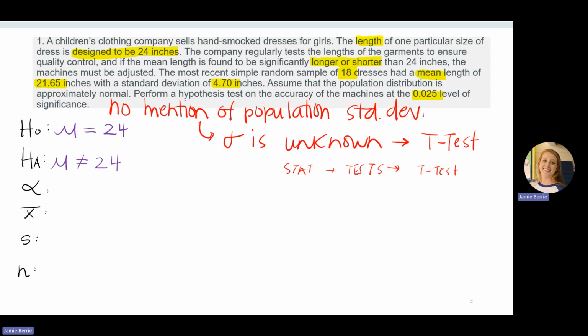Our level of significance, kind of a weird level of significance, 0.025. That was given to us right here. Our x-bar, our sample mean, was 21.65. Our sample standard deviation was 4.70. And our sample size, if y'all remember, was 18 dresses. Let's grab our calculator.